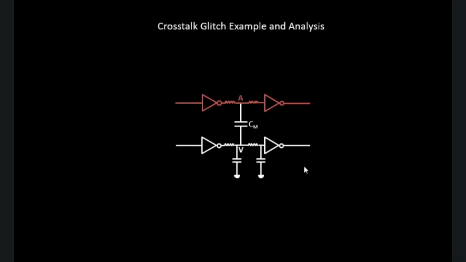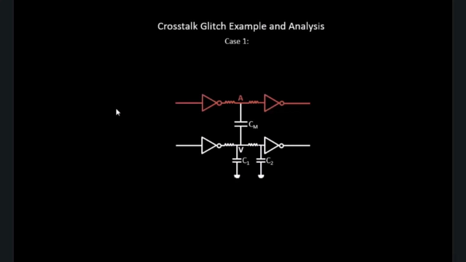Okay, so this is the scenario we are taking. We are calling this the aggressor node, and this the victim node, and let us call this mutual capacitance or the lateral capacitance between these two nets the coupling capacitance, CM.